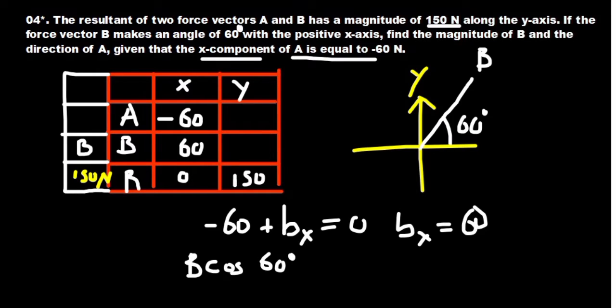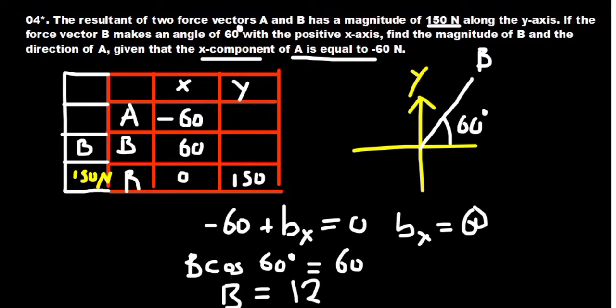We use cosine, and it gives us 60, because that is the x component. This helps us find the magnitude of B. It will be 60 divided by cosine of 60. Cosine 60 is 1 over 2 or 0.5, so it's automatically going to be 120.